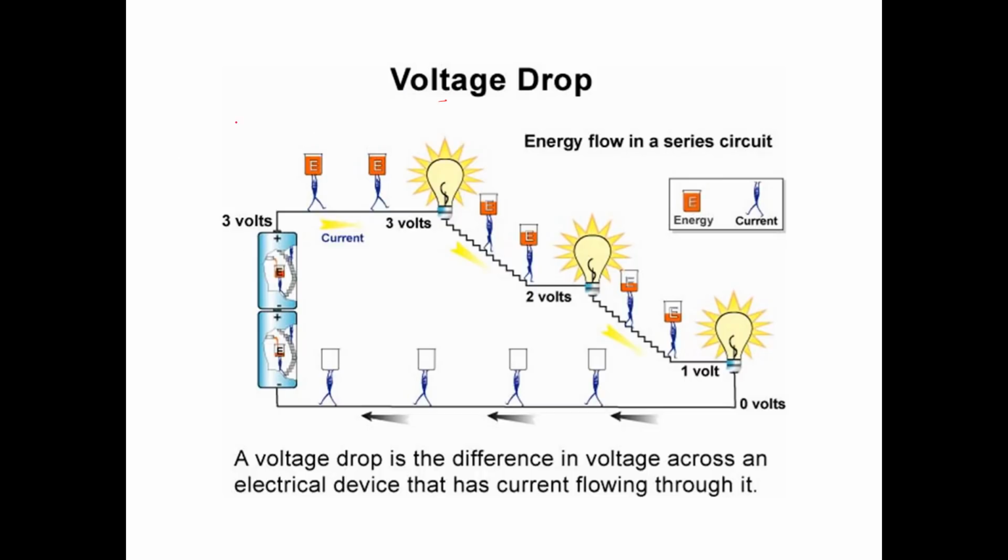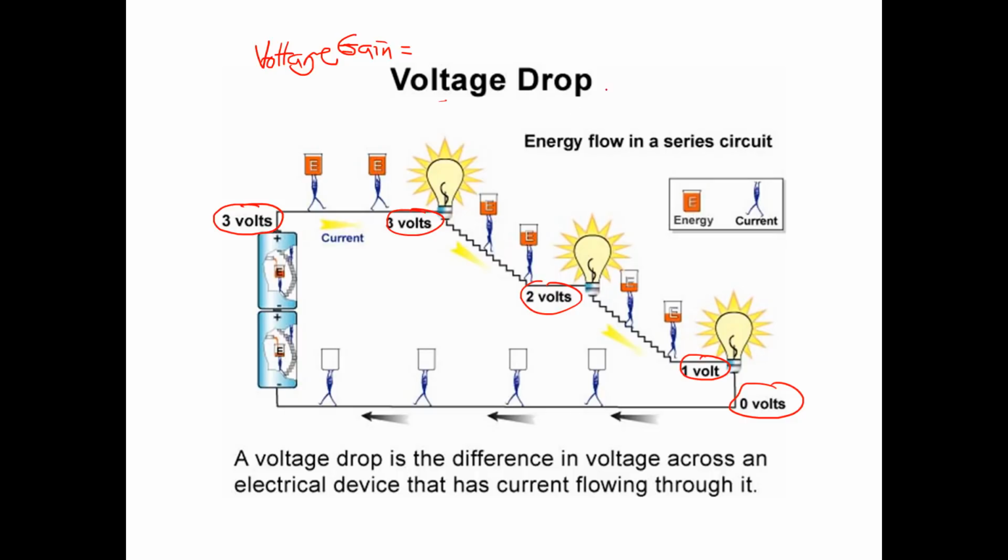Another important thing is our voltage drop, or another way of saying it, our voltage gain. Remember, our voltage gain is where we get our energy. Voltage gain in a circuit equals our voltage drop. In this circuit, our battery is providing 3 volts of voltage gain, and our charges have to drop 1 volt, drop another volt, and finally another volt.